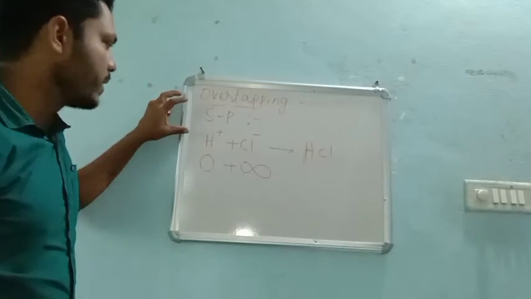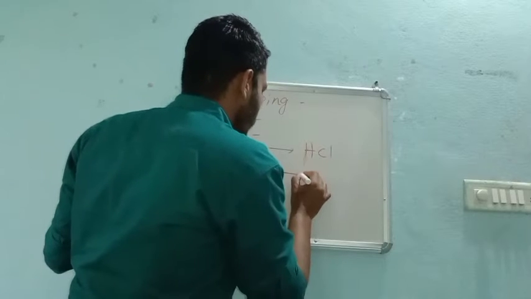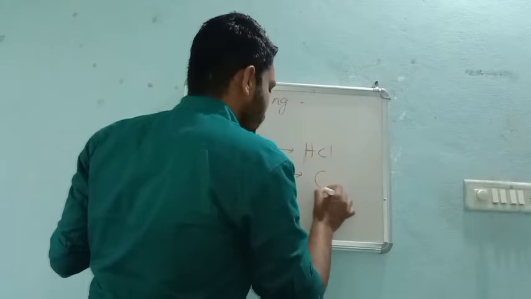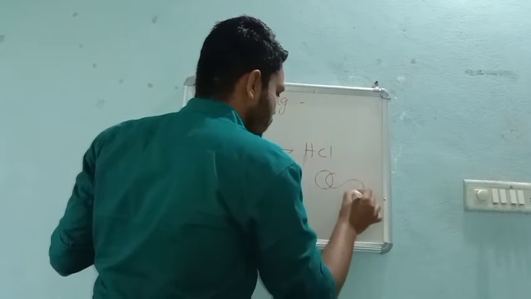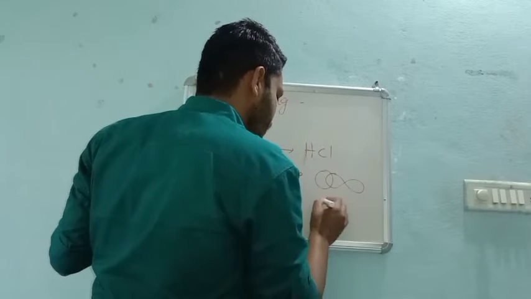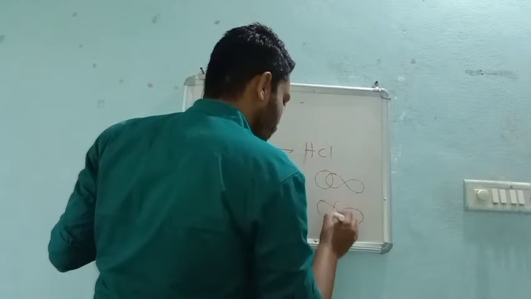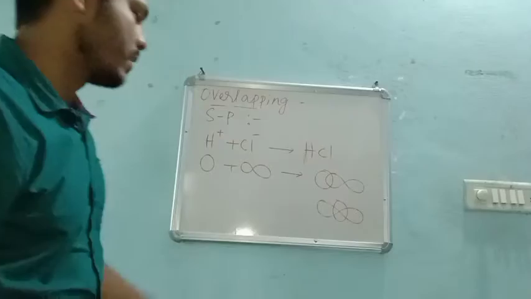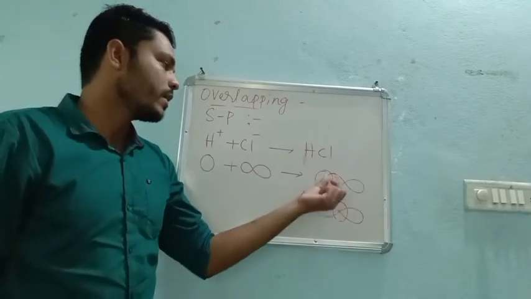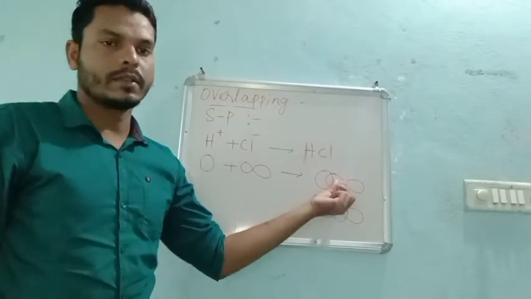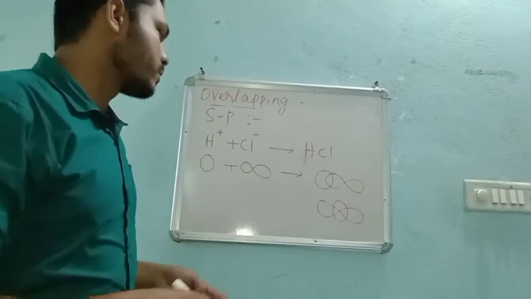For this one, you can show two types of diagram. You can show it like this, or like this also. In some books they have given it like this, in some books like this. That means the complete overlapping takes place.